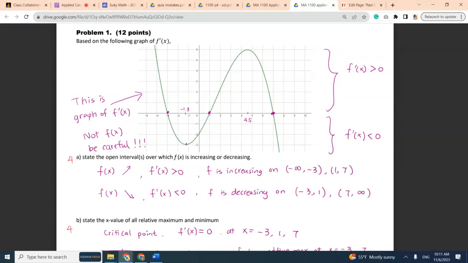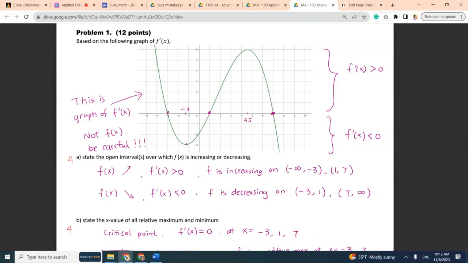And this piece, right? 1 to, what is that number? 7. Yes. And then f is decreasing when the derivative is negative, right? Where is negative? Here, -3 to 1, and then greater than 7.